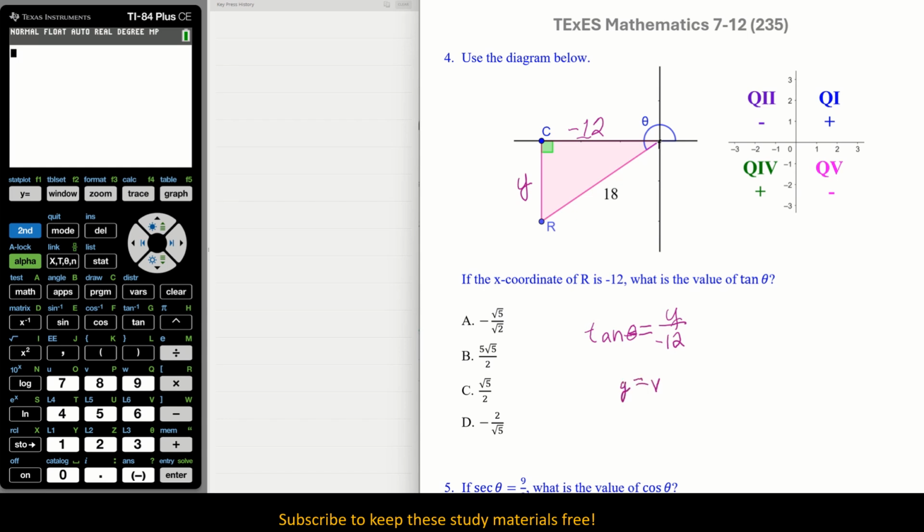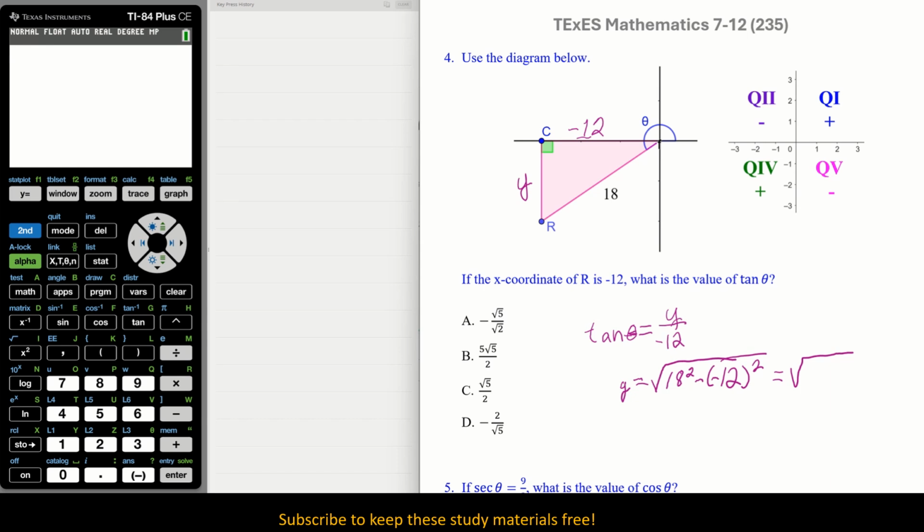Y equals under the square root, that'll give us 18 squared minus negative 12 squared. Now, let's take a look at what it gives us. I want just the value under the square root.